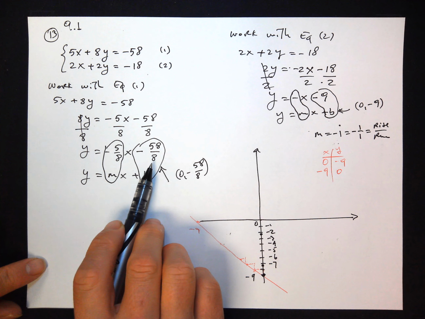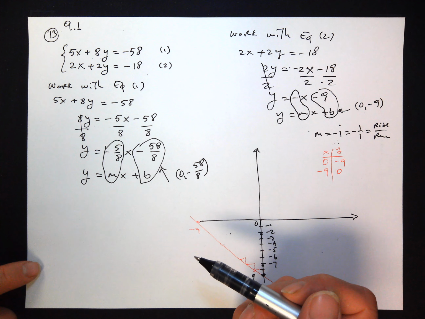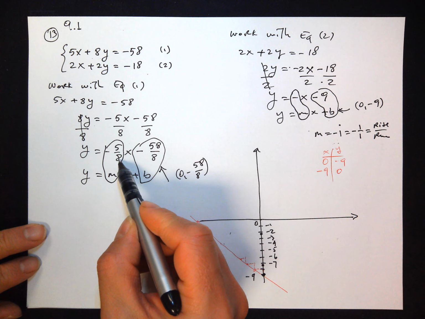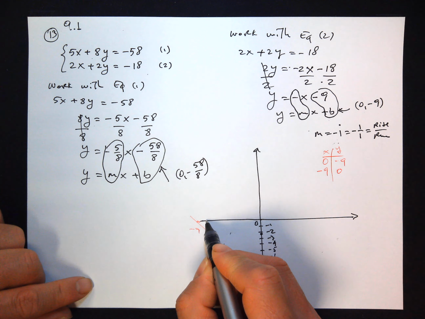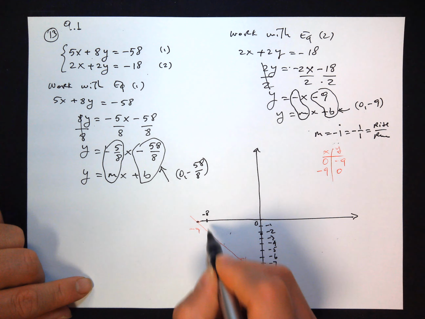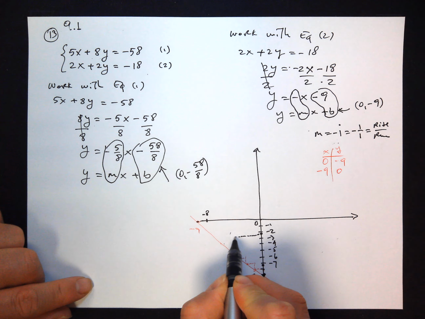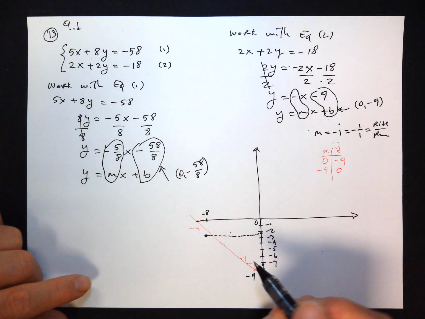And I'm going to run, oh my gosh, well, anyway, oh, where are we? Right here. So rise 5 and run 8. So 8 is going to be right here. If this is negative 9, this is going to be negative 8. So it's going to be right here.